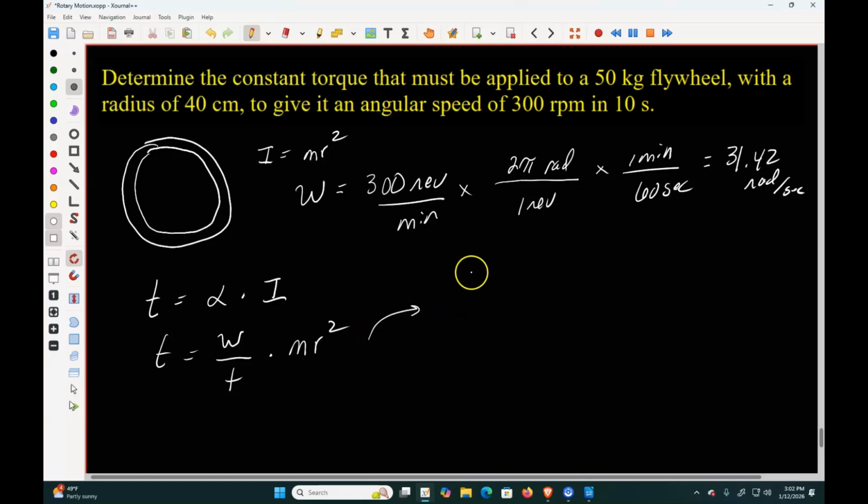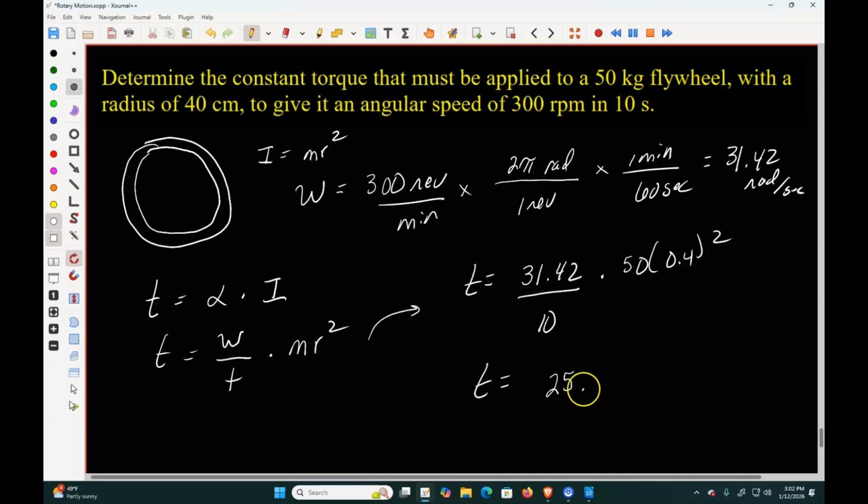So we're going to say then that torque is going to equal my angular velocity, 31.42 rads per second, over 10. My mass is 50 kilograms, and my radius is 0.4 squared. So my torque is going to be equal to 25.1 newton meters.